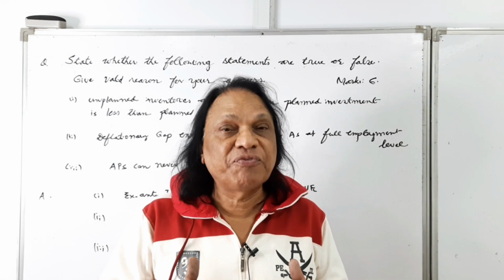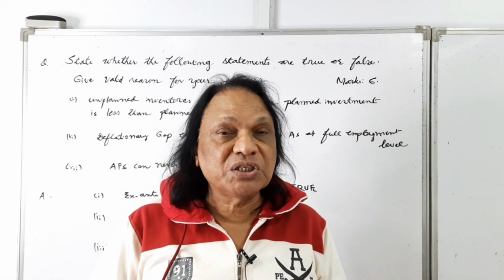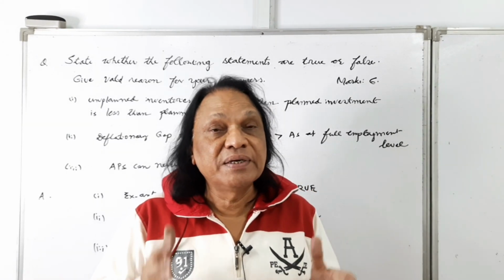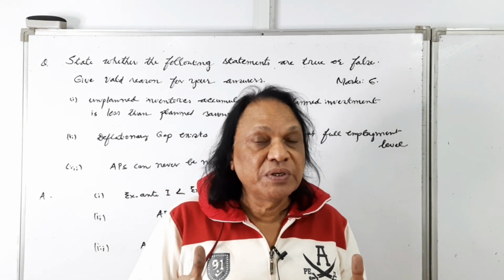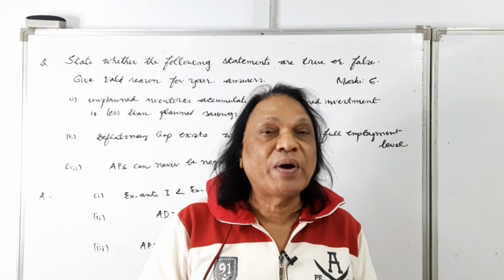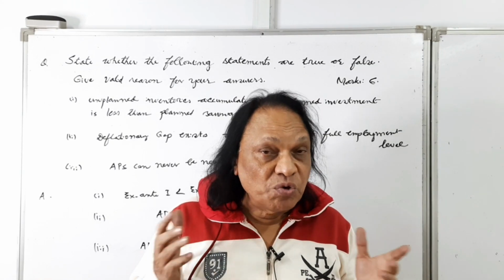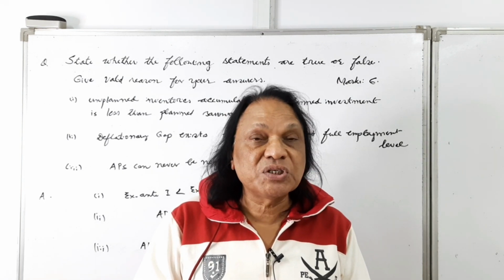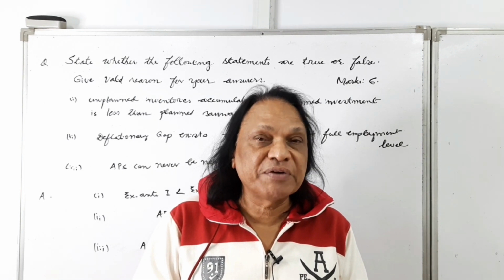First you write the statement is false and justify why it is false, or you write the above statement is true and justify why it is true. If you do not justify your statement, there are no marks for this, so be careful.